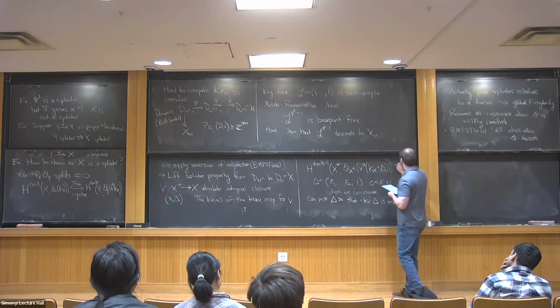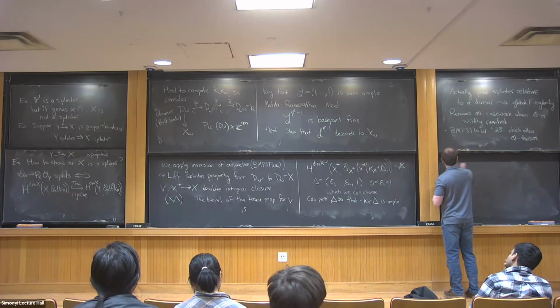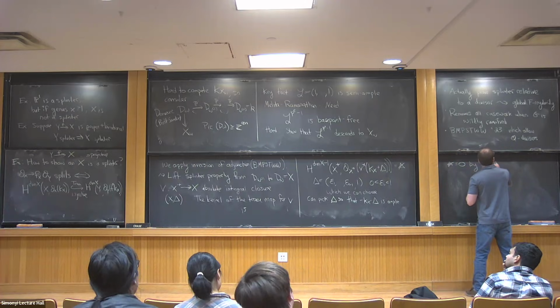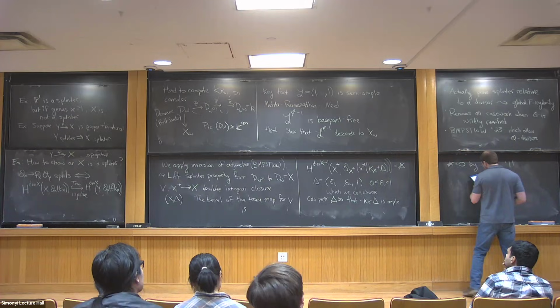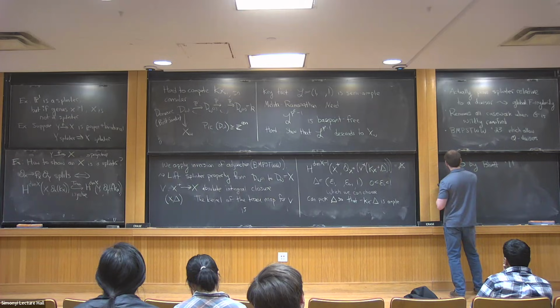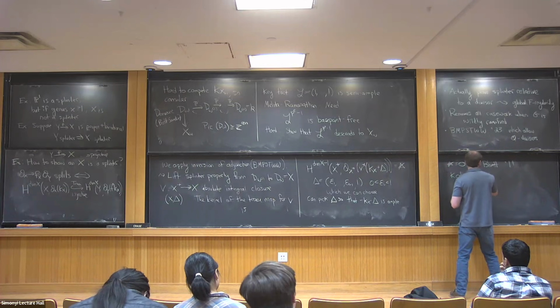I call this thing star. Star is equal to 0 by Bhatt's result from 2011, which is some kind of characteristic p analog of Kodaira vanishing. So I'll call it Kodaira vanishing up to finite covers.